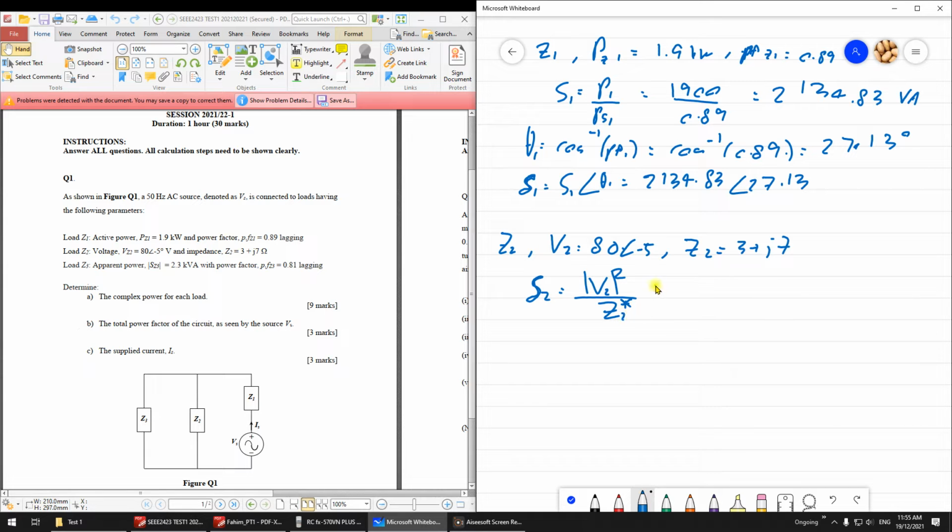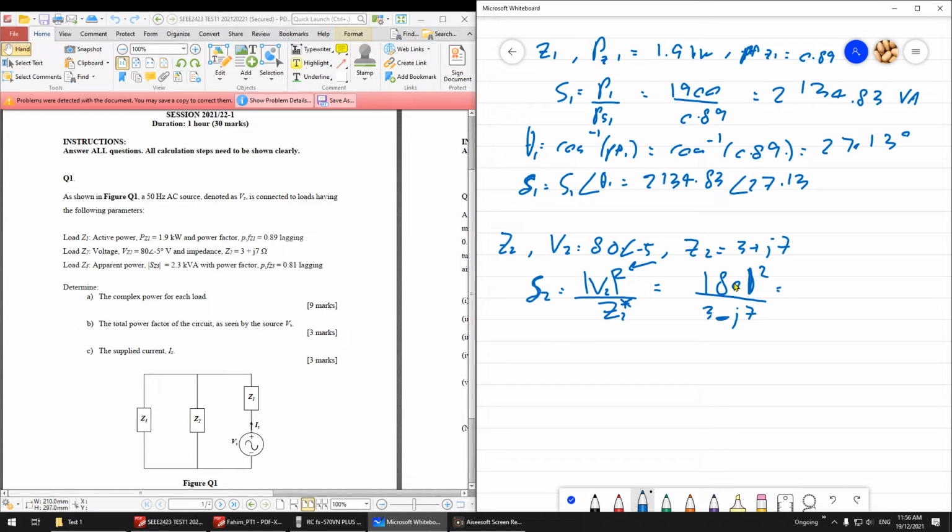A lot of you made the wrong decision here. Remember, when there is a square, you don't take the angle, only the magnitude. So 80 squared divided by 3 plus j7. Remember there is a conjugate, so plus becomes minus. Don't forget the conjugate.